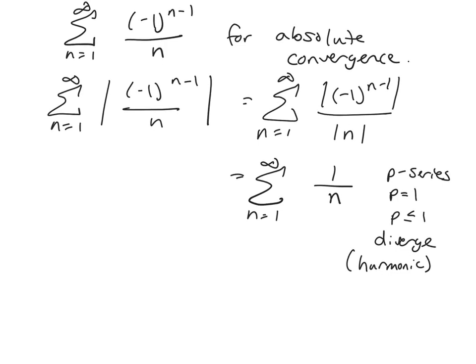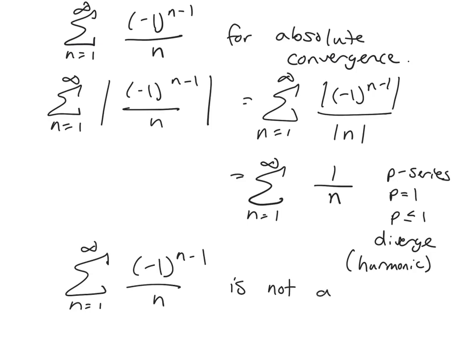So in this case, when I put on absolute values, it didn't converge. I got something that diverged. So I now can say that this series that I started with is not absolutely convergent.